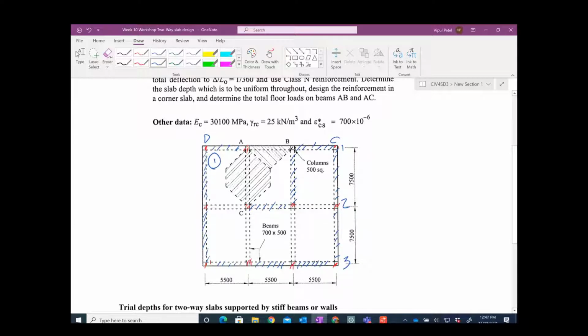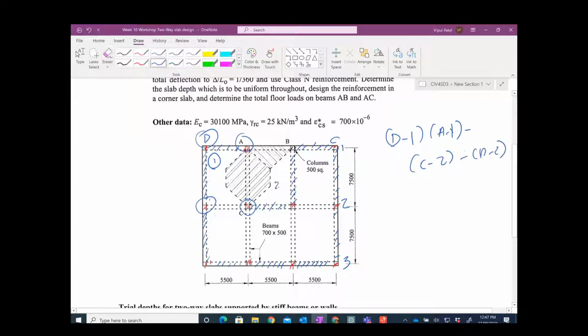So that's how you can read it, like D1 for this corner, A1 for this corner, and then C2 and D2. That's how you can read panel number 1.